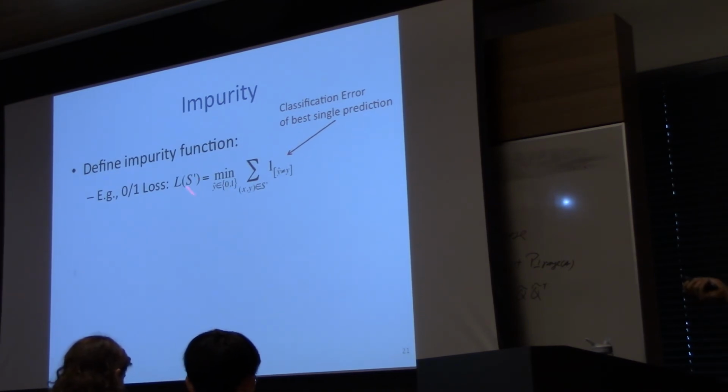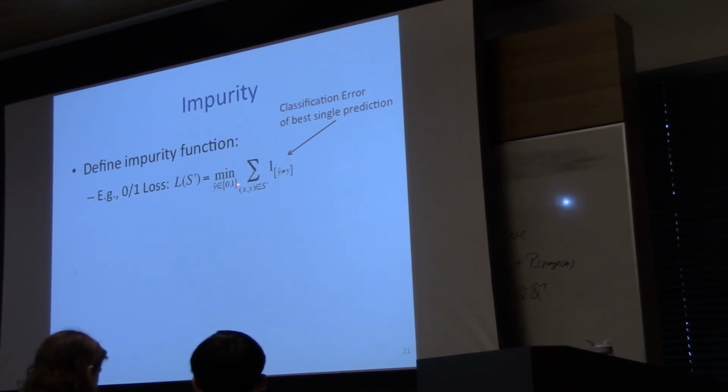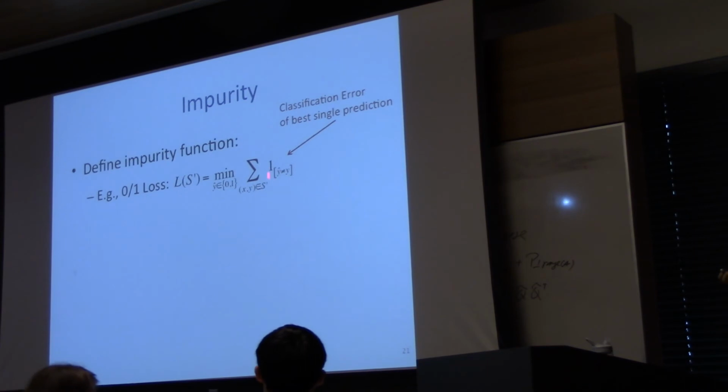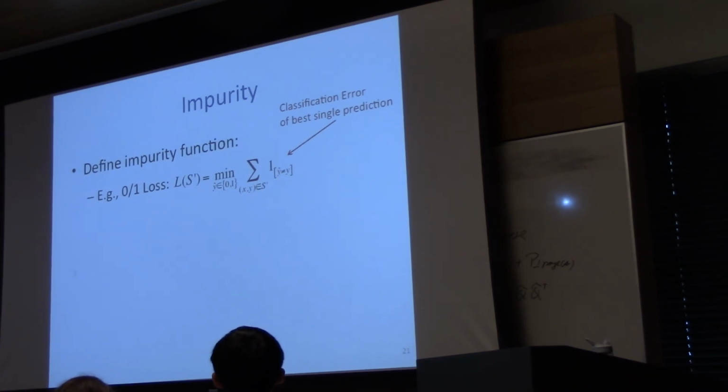If S prime denotes a subset of the data induced by one partitioning or one leaf node, then the loss of that partitioning is simply the choice of a constant prediction, 0 or 1 (or -1 or 1, depending on how you represent the labels), that minimizes the 0-1 loss.